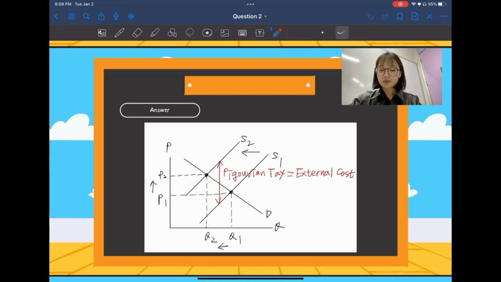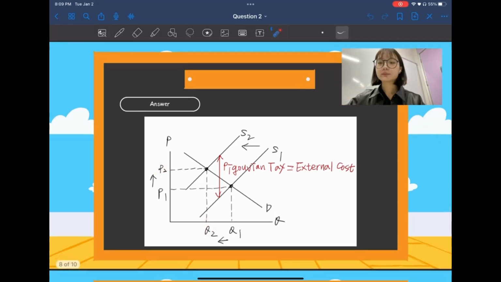When the consumer faces higher prices, it will reduce the quantity demanded of the product. As a result, the Pigouvian tax can discourage behavior that generates negative externality because the price is higher and the quantity is lower.